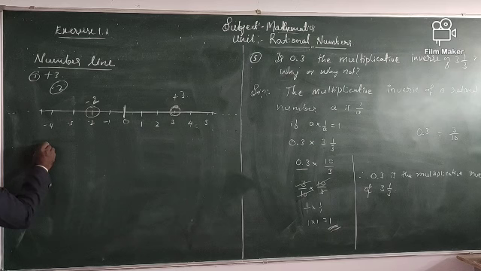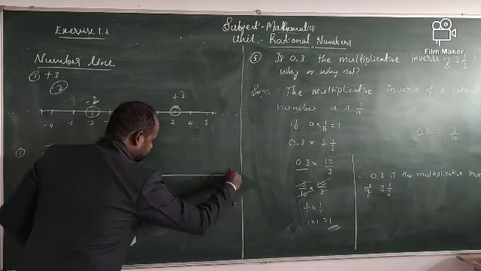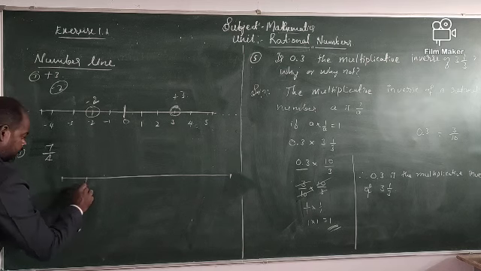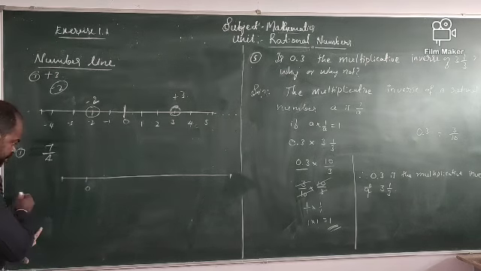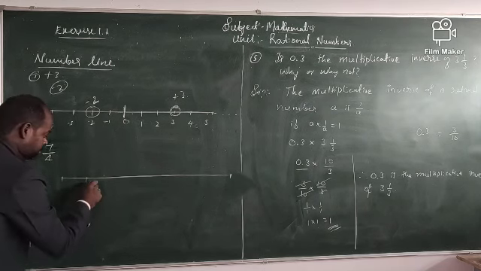For example, 7 by 4. This is a new type of problem. How can we represent 7 by 4 on the number line? Write the number line as it is. The given number is positive, so negative numbers we do not need. To the right of 0 are positive numbers.